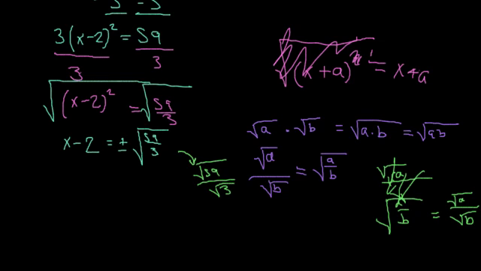Now, in mathematics, you're not allowed to leave a radical in a denominator. The denominator has to have a whole number in it. So, rad 59 over rad 3. What are we going to do with this? We're going to multiply it by the radical in the denominator over itself. So, it's going to be rad 3 over rad 3.